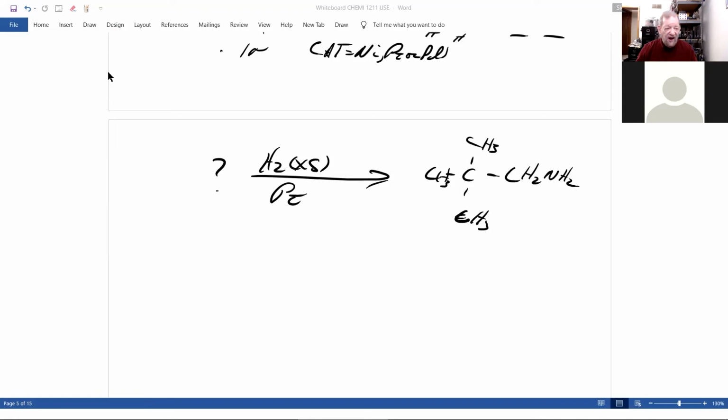All right, it's time for me to get going. And the question is, what's the starting material? What do you react with hydrogen excess and platinum to make this compound? What's different? Ooh, nitrogen and a carbon. This is a primary amine, which I can write like this.